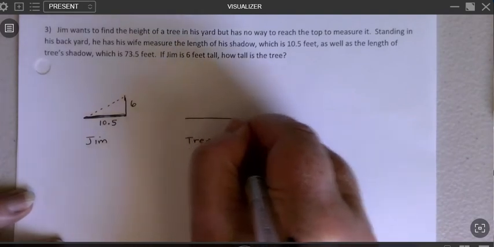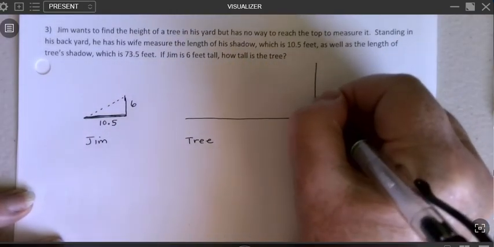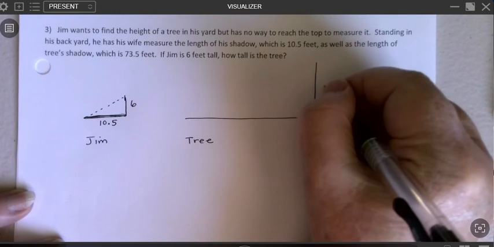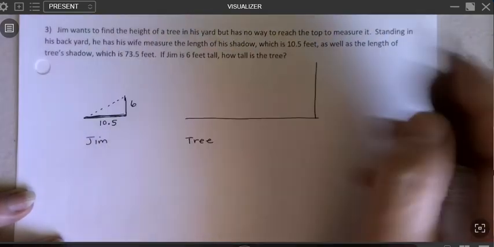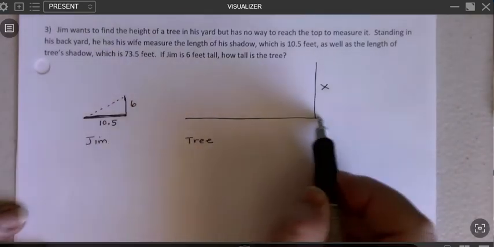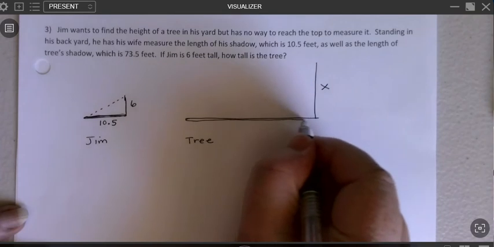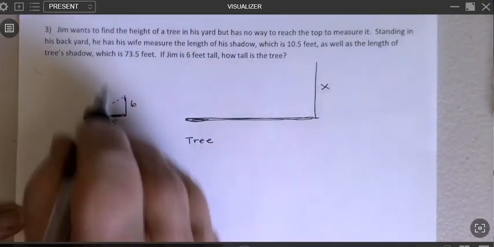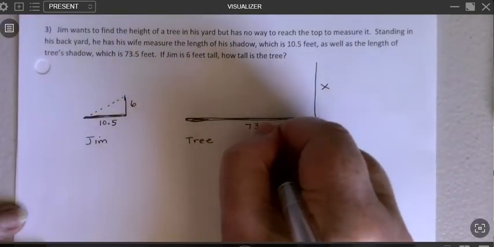Tree obviously much taller, shadow much longer. So let's see, we don't know the height of the tree. That's our unknown x that we're trying to find out. But we were able to measure the shadow here along the ground, right? The shadow is 73.5 feet.